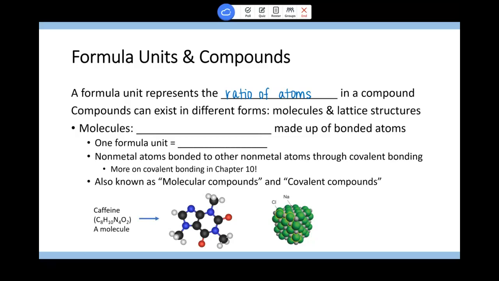Both molecules and lattice structures are compounds, but lattice structures are not molecules, and molecules are not lattice structures. So molecules is when we have an individual particle that is made up of bonded atoms, and in this case, one formula unit is one molecule.